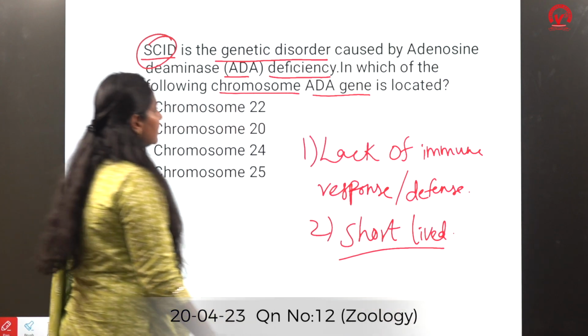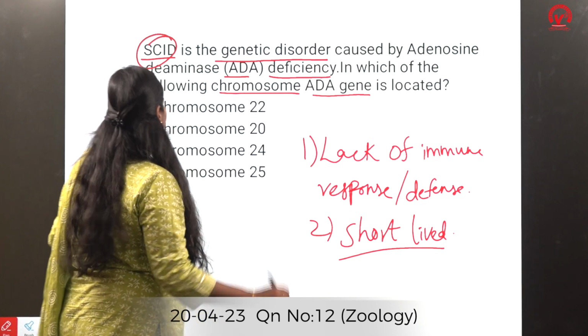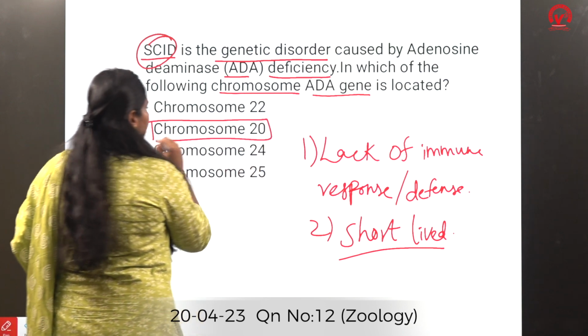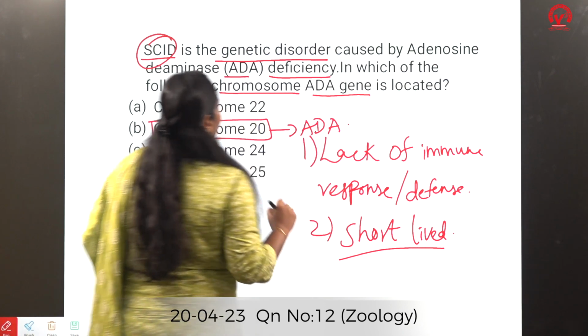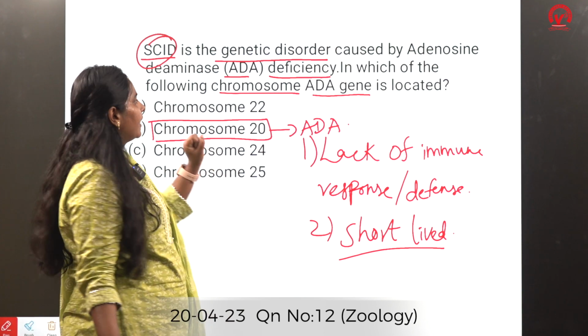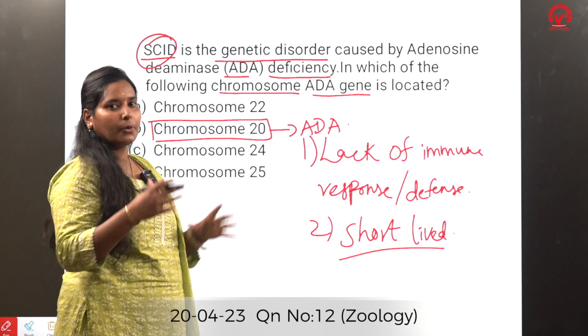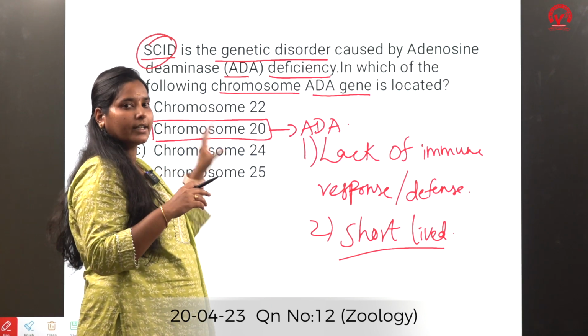So here the question is, this ADA gene is located on which chromosome? The answer is chromosome number 20. Another interesting fact about this disease is that it is usually treated by bone marrow transplantation, and the first gene therapy was used to cure this disease.